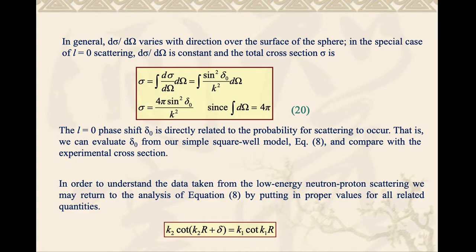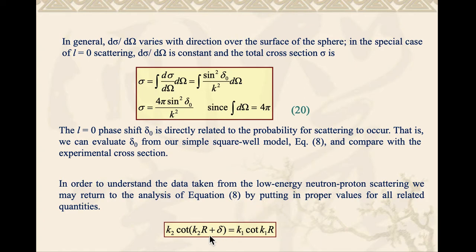This will give an idea regarding the things we have done. In order to understand the data taken from low energy neutron proton scattering, we may return to the analysis of equation number 8.